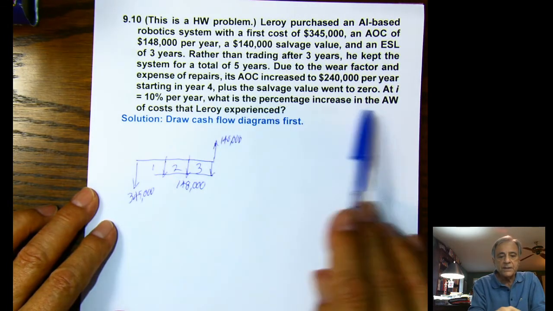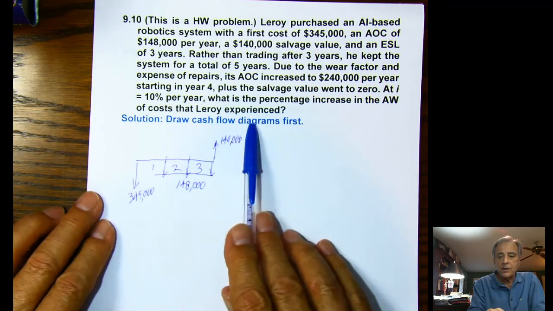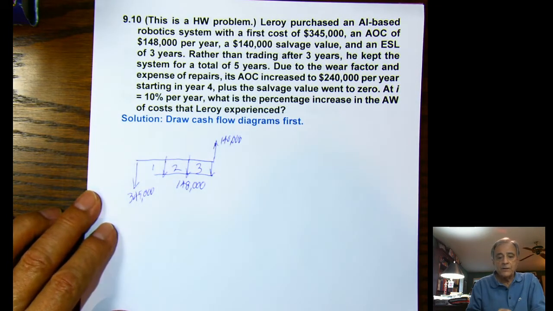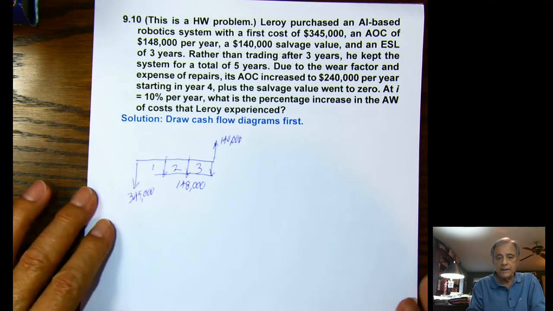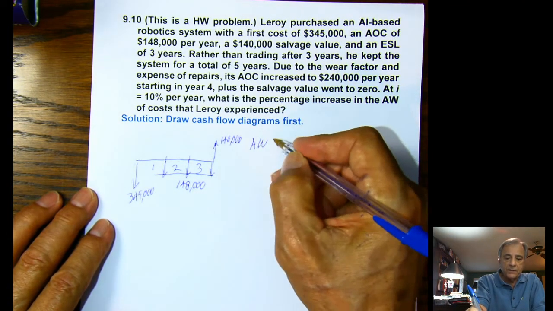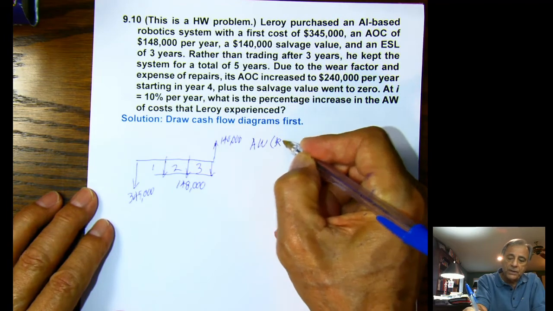What is the percentage increase in the annual operating cost or annual worth of the machine? So let's start by getting the annual worth if K equals 3.